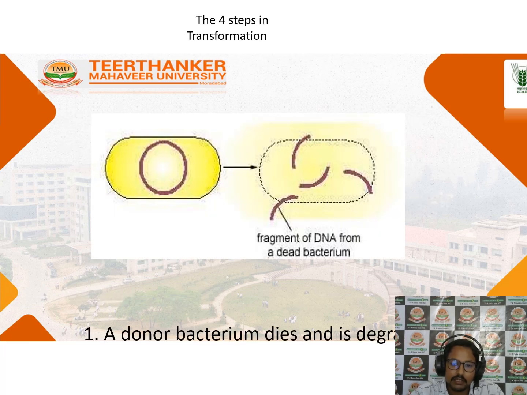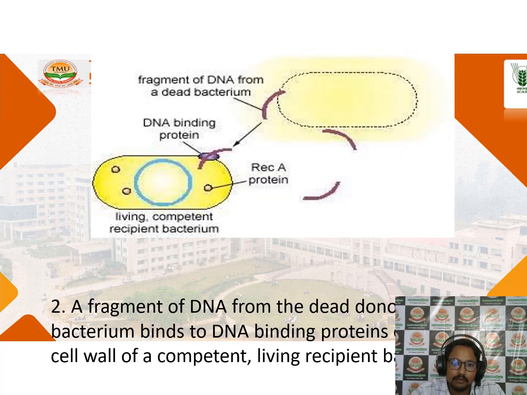Here you can see a donor bacterium dies and is degraded, and a fragment of the dead donor bacterium binds to the DNA binding proteins of a living bacterial cell, so that this dead fragment will enter the living competent recipient bacterium.